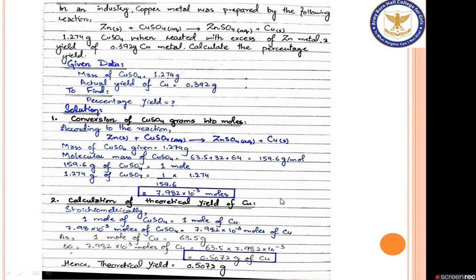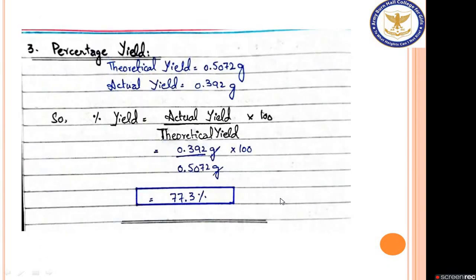Now we have both the actual yield and theoretical yield. Theoretical yield is equal to 0.5072 grams and actual yield is equal to 0.392 gram. We have calculated the theoretical yield from the balanced chemical equation, and actual yield is given to us in the statement of this problem.